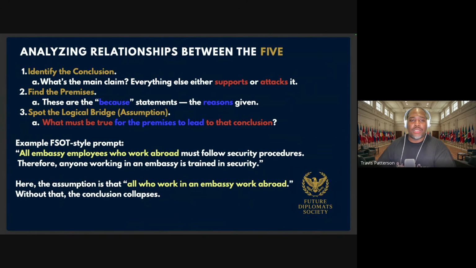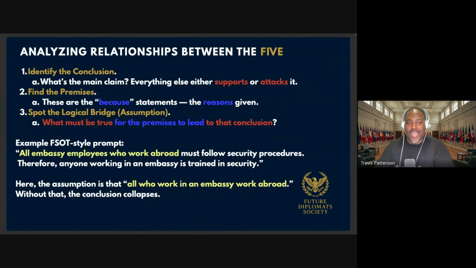So essentially, first, you want to identify the conclusion. Next, identify the premise. Those are the because statements, right? When you identify the conclusion, it's, what's the main point? What is the main point being made?